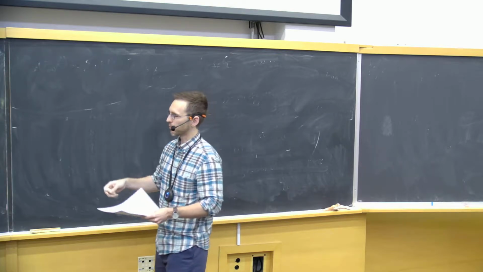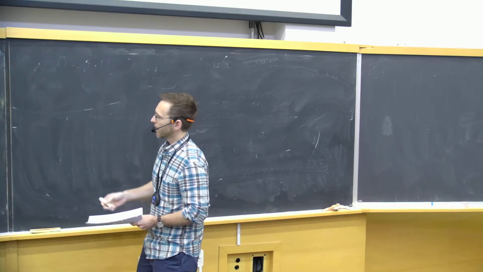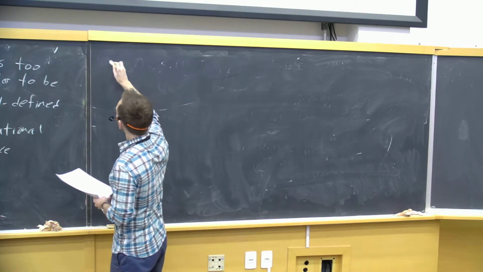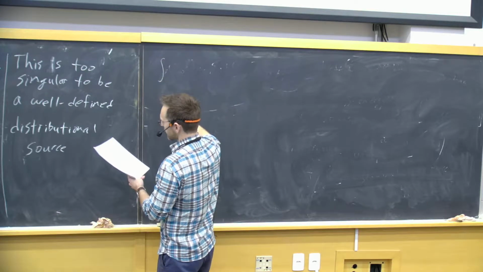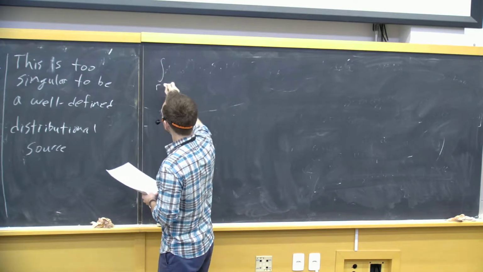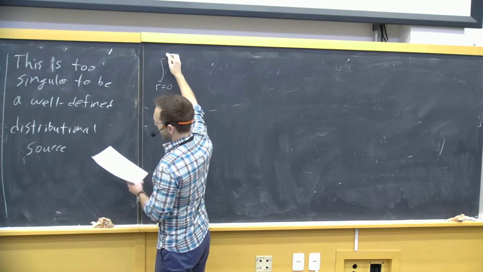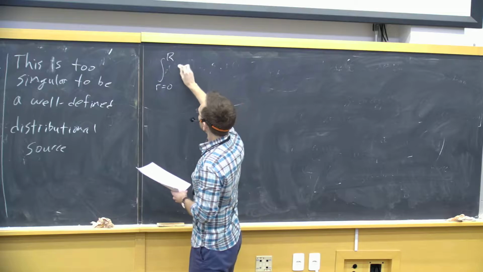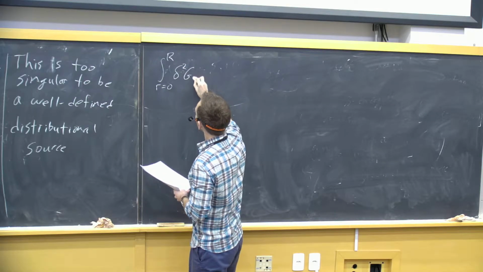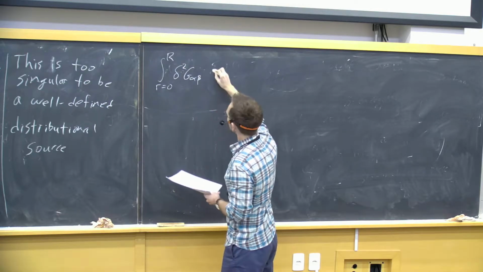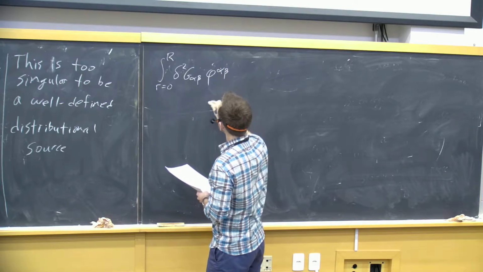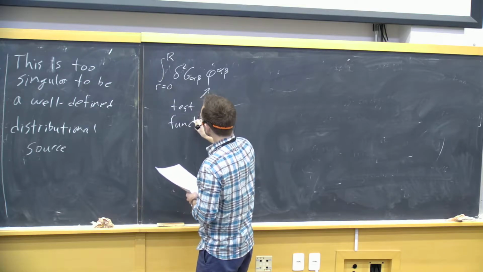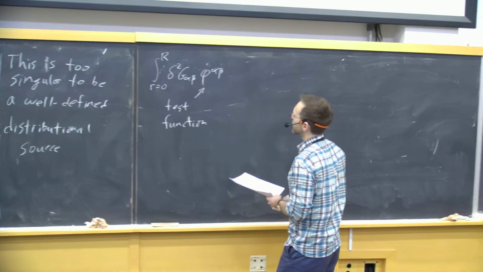So the solution will be some integral over the source. This source is too singular to do that. So say this is some small region that covers the particle, and we want to check if the integral of that source against a smooth test function is well defined.